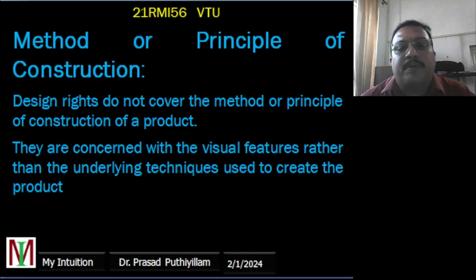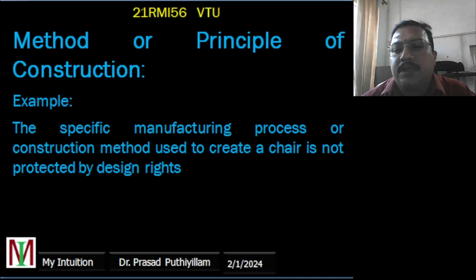So the principle of construction or the technique used will not be covered under design protection. For example, a specific manufacturing process or the construction method used to create a chair is not protected by design right. The method is not protected, but if any special design is there in the chair, that can be applied for design protection.